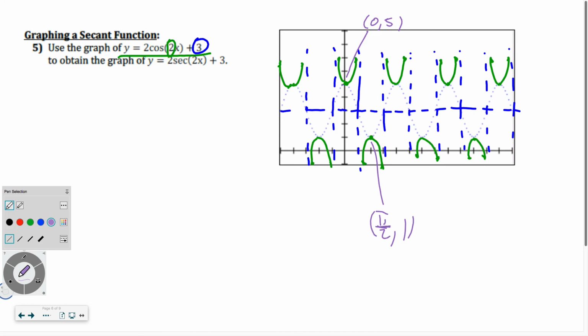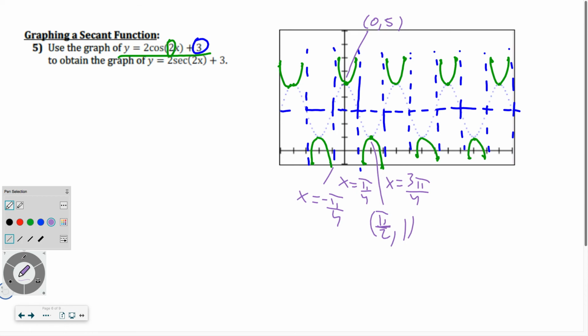Because the key points are pi over 4, and you just multiply it by 2. Yeah, every key point is pi over 4 because our period is pi divided by 4. So key points on this are the minimums and maximums and the asymptotes. So minimum, asymptote, maximum, asymptote, minimum, etc. So I get pi over 2 comma 1, and this is going to be x equals pi over 4. This is going to be x equals negative pi over 4. It's going to be x equals 3 pi over 4 for that asymptote.